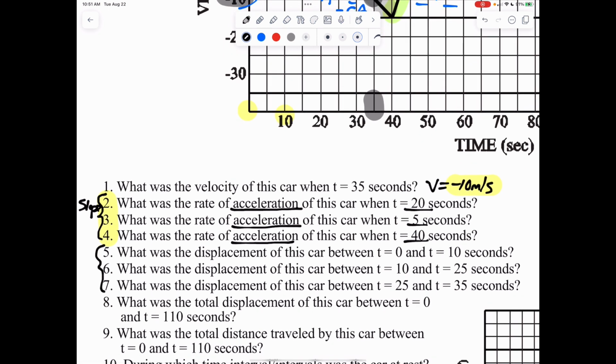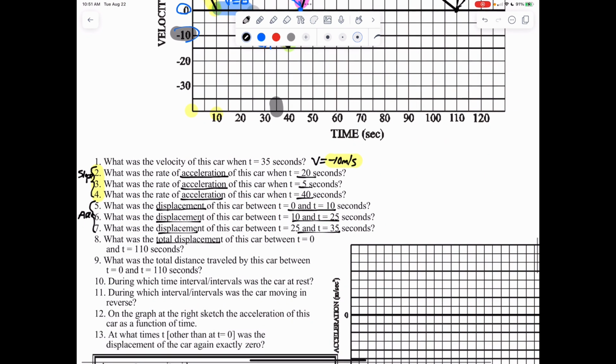For 5 through 7, we are finding the area under the graph during those time intervals. That's going to give us the displacements. Now for the total displacement, we've got to add up our areas. So that ultimately is how we're going to work this.